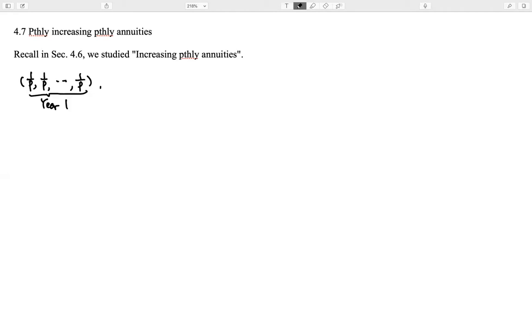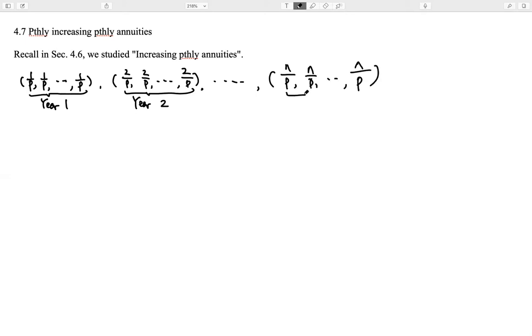And then in the second year, we have 2 over P, 2 over P, 2 over P. So this is P payments in year 2. They all have the same size, 2 over P. And so on. In the last year, it will be N over P for P times.